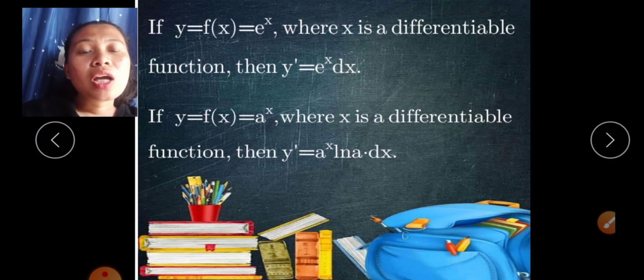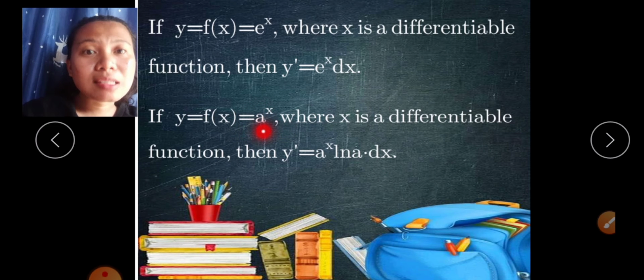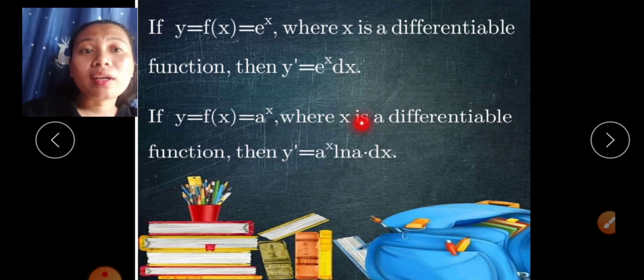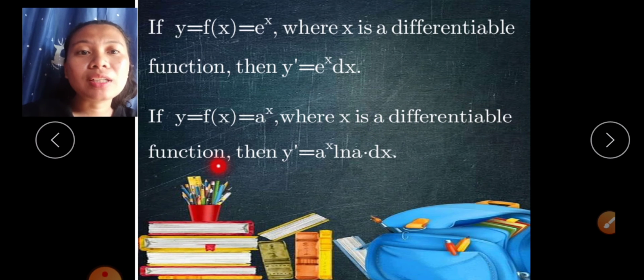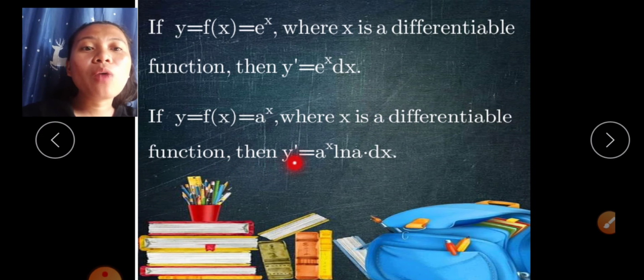So the second rule, if y equals f of x equals a to the x, which is our a here is a constant, where x is a differentiable function, then the answer y prime equals a to the x times ln a times dx.